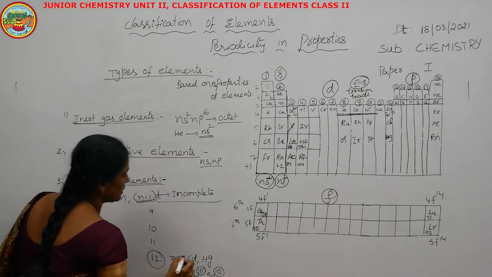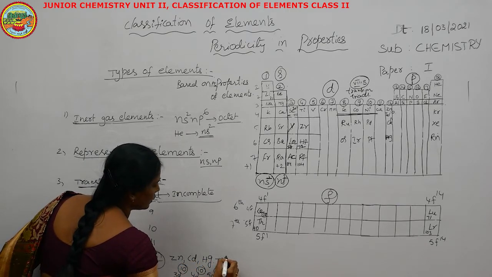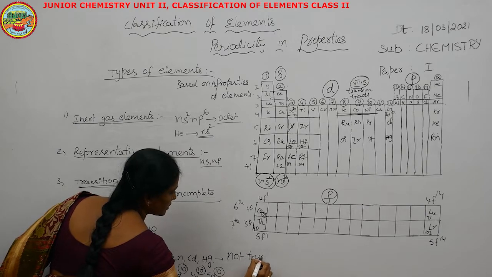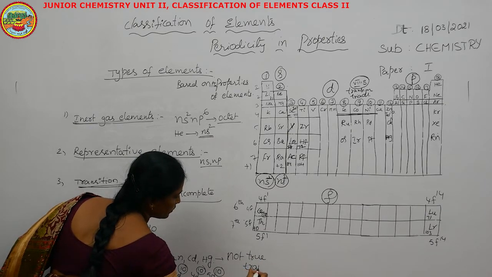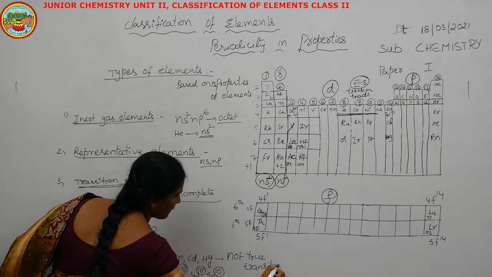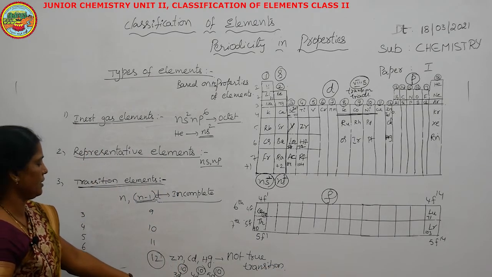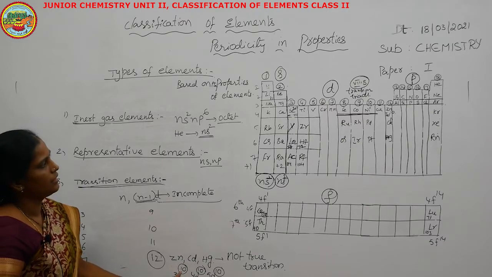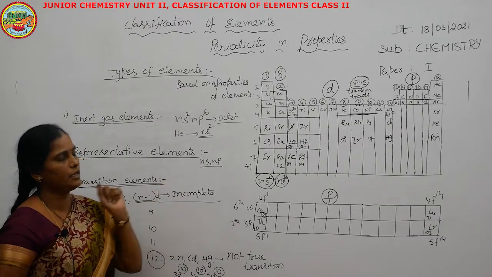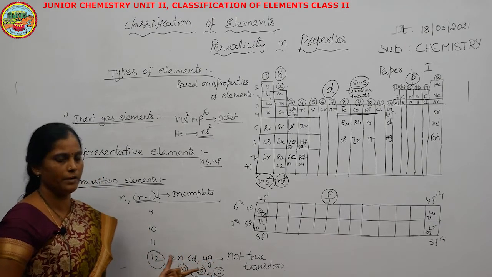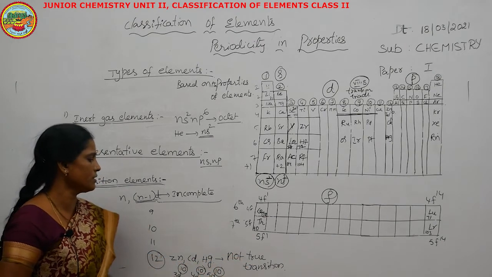So that's why zinc, cadmium, mercury are not true transition elements. Then why they are placed in d block? Because the differentiating electron enters into d orbital. That's why they are placed in d block. So zinc, cadmium, mercury are d block elements, but they are not transition elements.